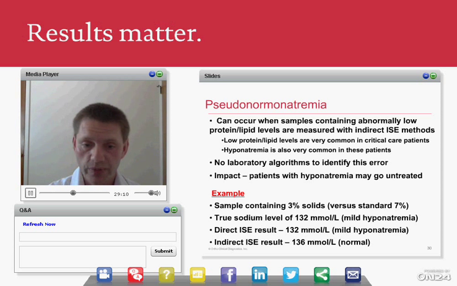A similar example would be a patient with severe hyponatremia, say 128 millimolar, read as 128 with the direct ISE method and 132 with the indirect method.